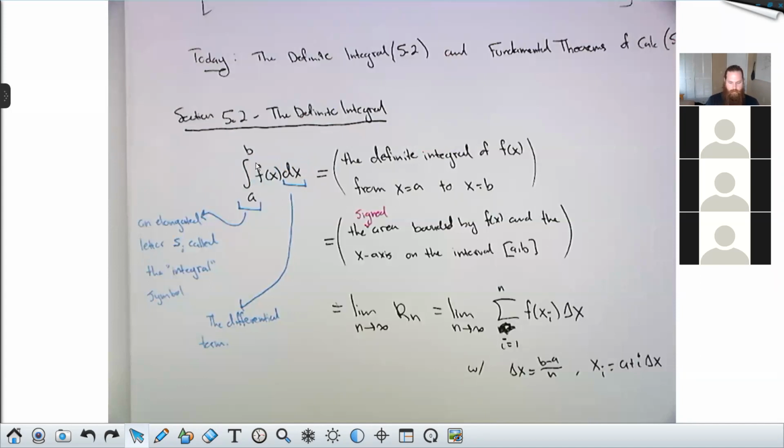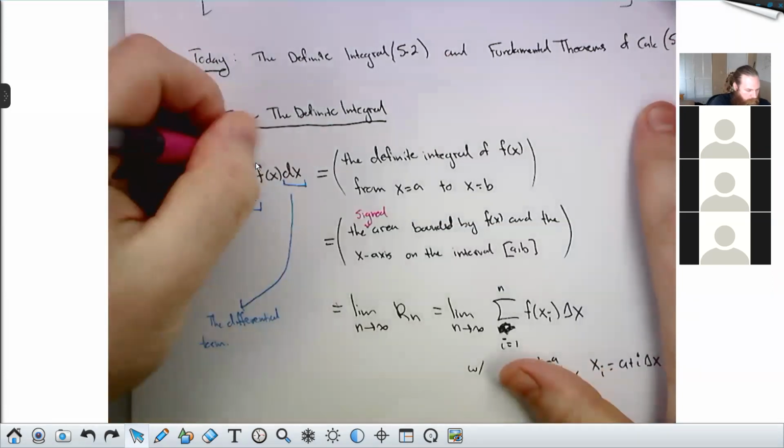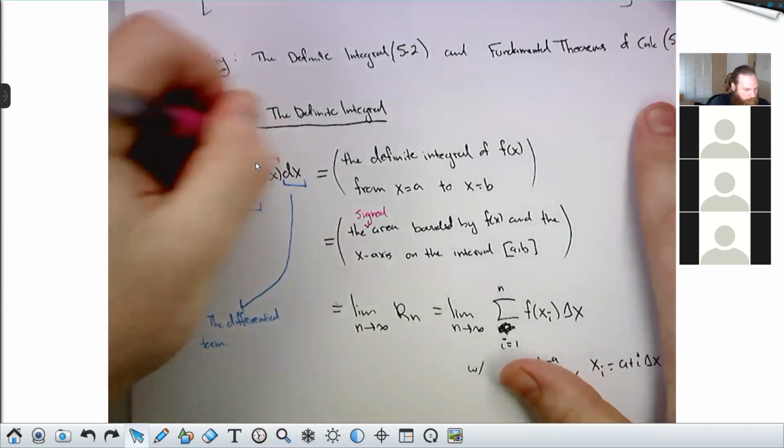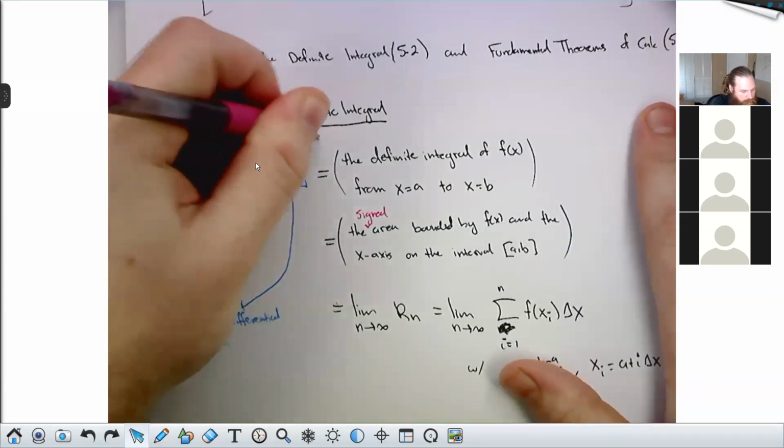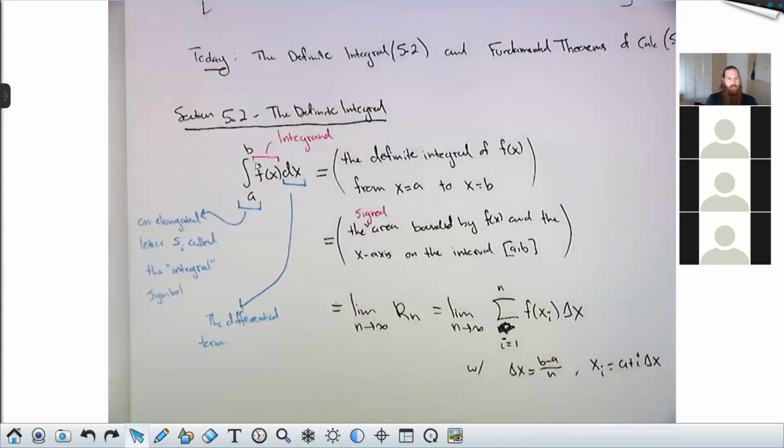And f of x is called the integrand. The thing that's being integrated is called the integrand. Just like the thing under a radical is called the radicand, or the thing inside of a sum is called the summand, the thing inside the integral is called the integrand.